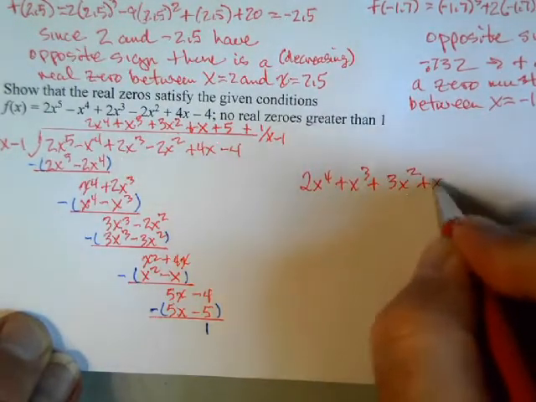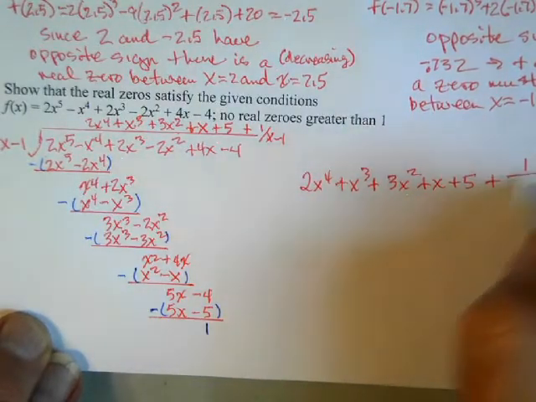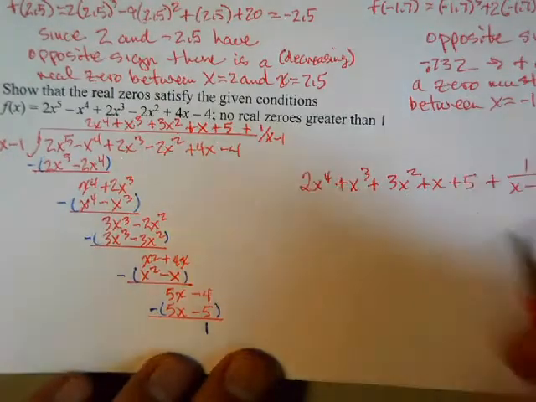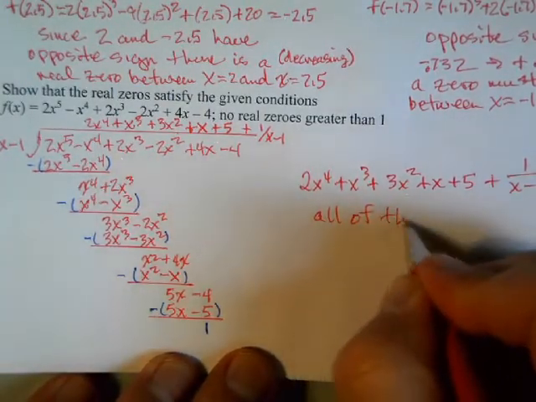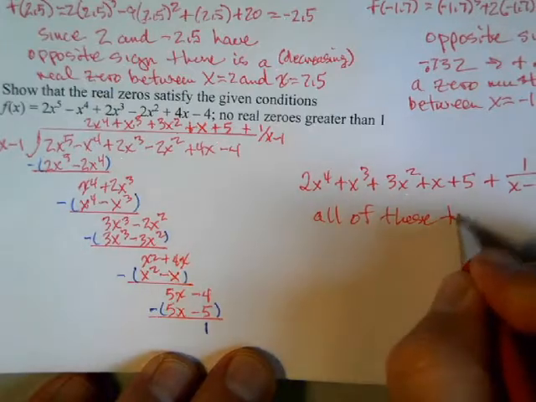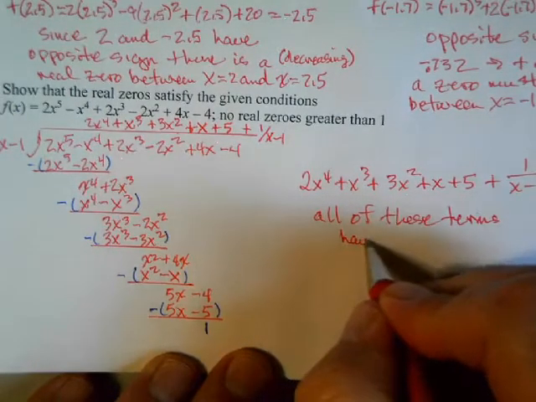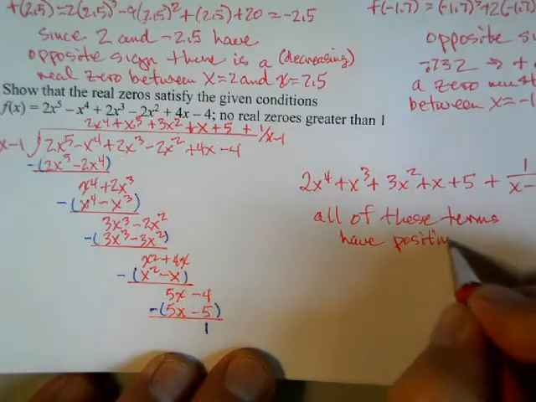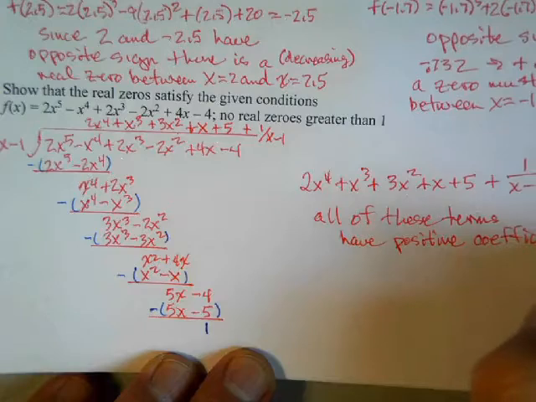Now note, all of these terms have positive coefficients. So 2, 1, 3, 1, 5, this is plus again, they're all positive.